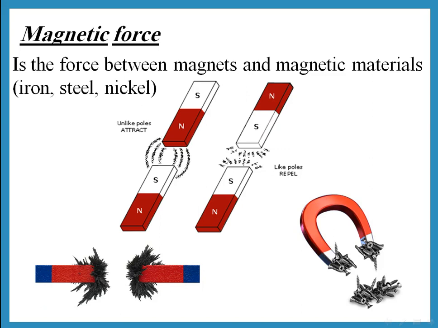And there is attraction between poles that are different, so the north will attract the south and the south will attract the north, but there is repulsion between the similar poles or the like poles. There is also an attraction between the magnets and a magnetic material like iron or steel or nickel or cobalt also. Any of these will be attracted to a magnet, so all of this is due to magnetic force.